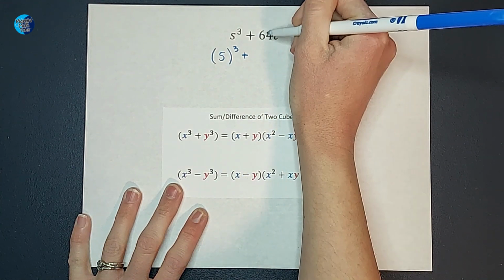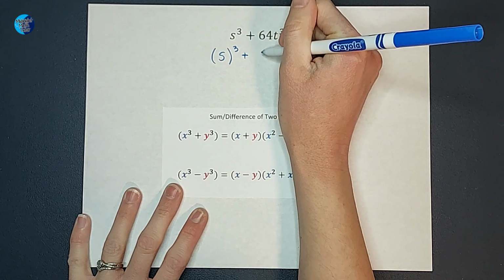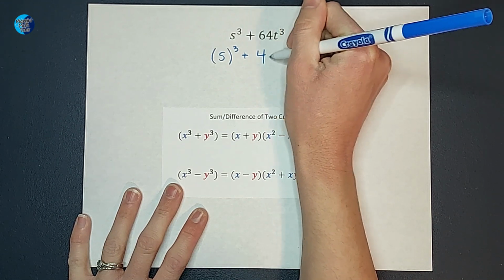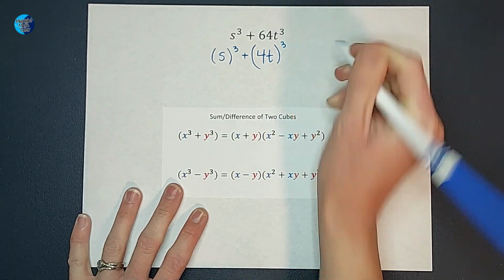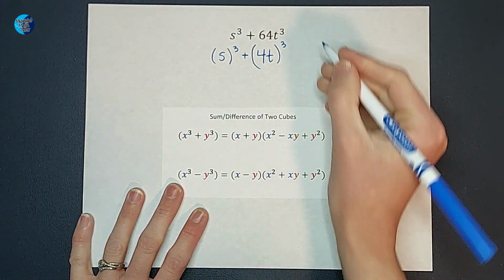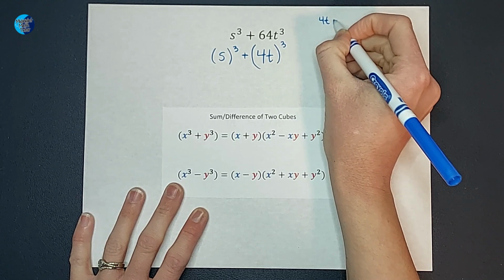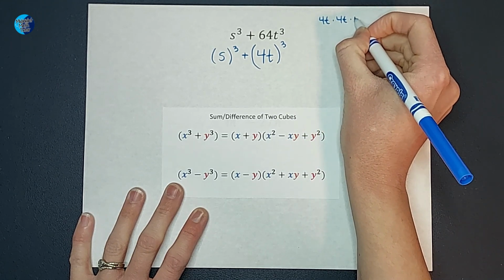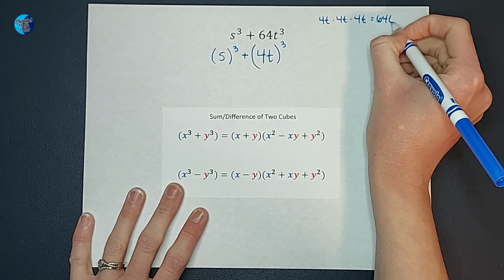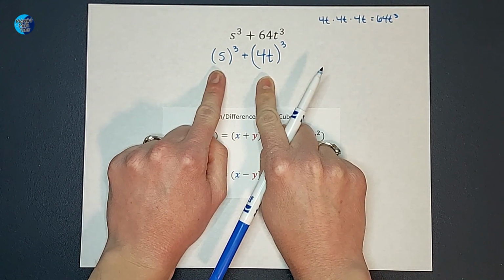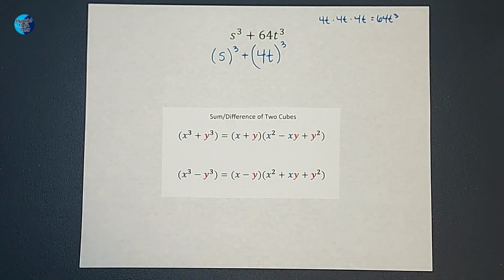So I could write 64t cubed as 4t cubed. Is that fair? If I were to multiply 4t times itself 3 times, would I get 64t cubed? I would. All right. So this is the same thing, just written a little bit differently.